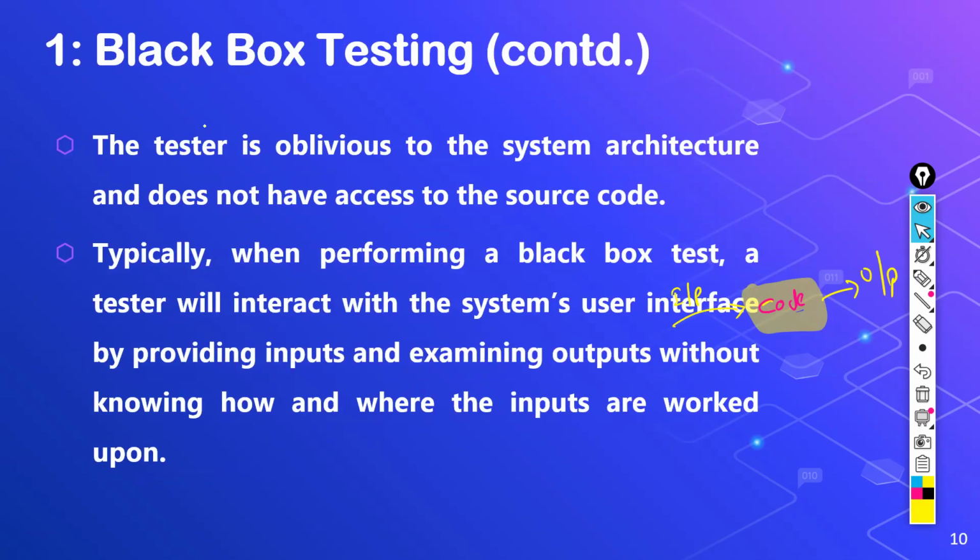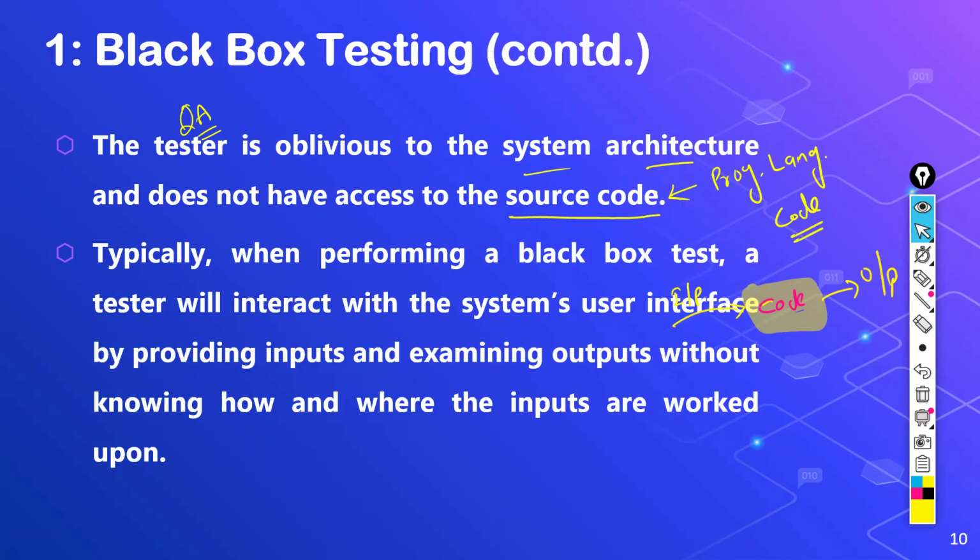You being a QA, you have no idea about the system architecture. You don't have access to the source code. Source code is your programming language code. You have no idea about that.